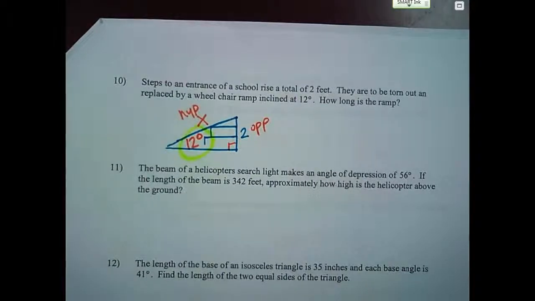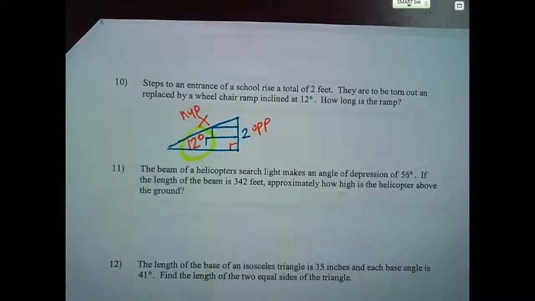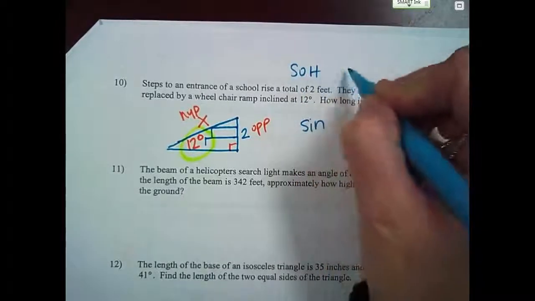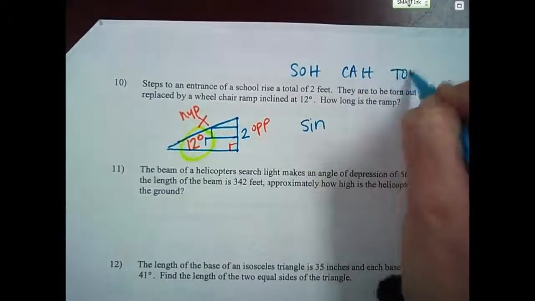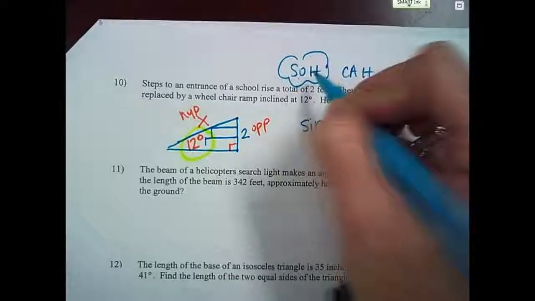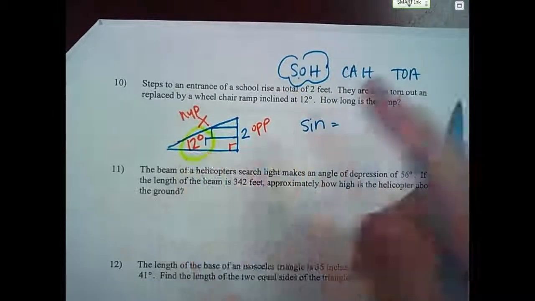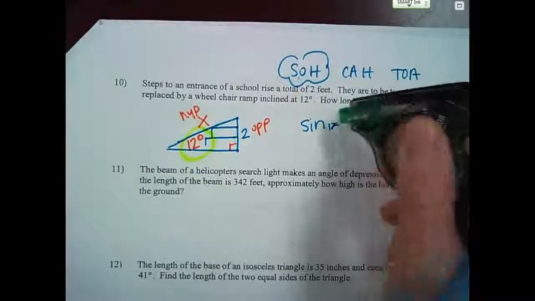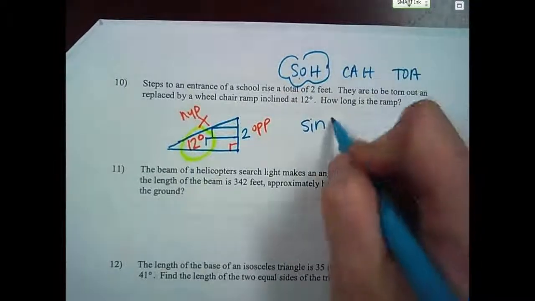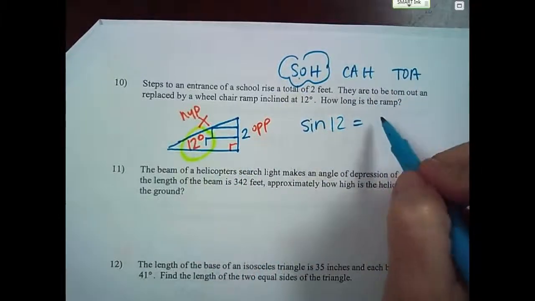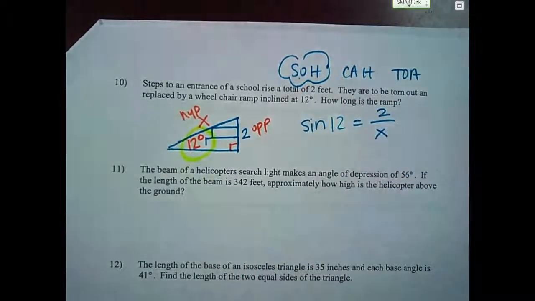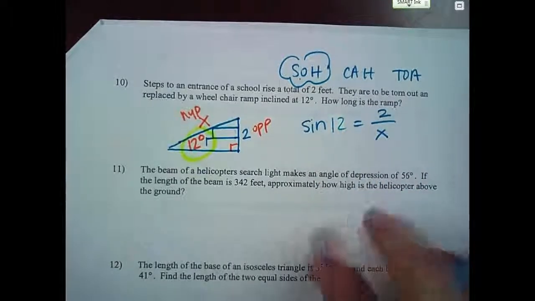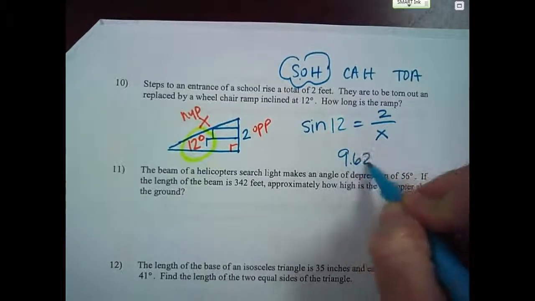So we need to use sine. Remember SOHCAHTOA? Sine uses opposite and hypotenuse. So the opposite of 12 would be 2, and we don't know the hypotenuse. To divide, 2 divided by sine of 12. So the ramp was 9.62 feet.